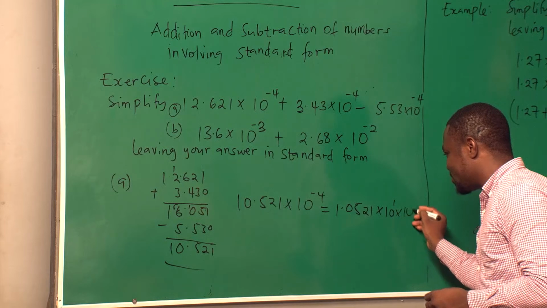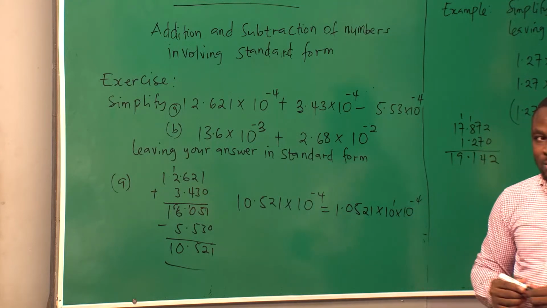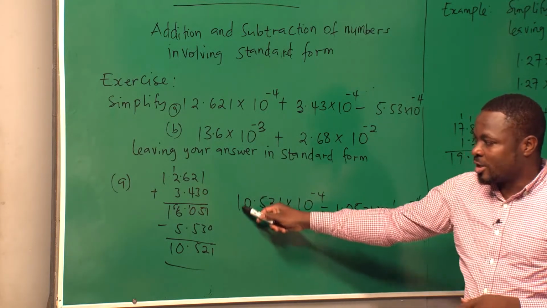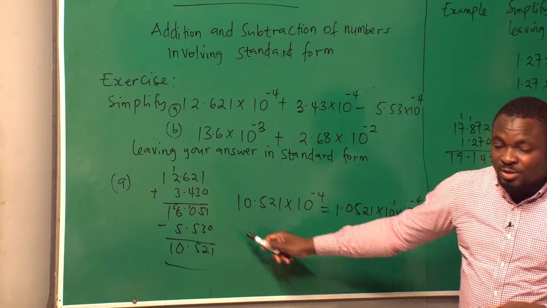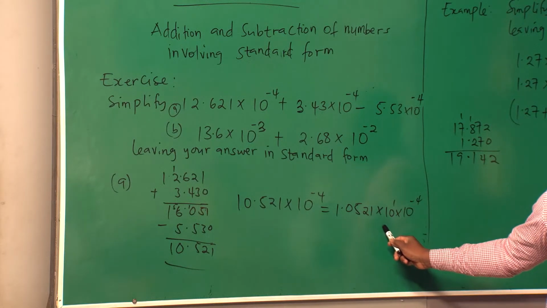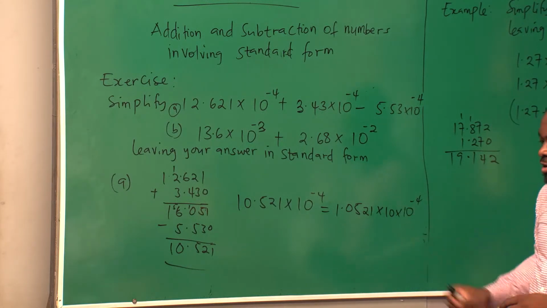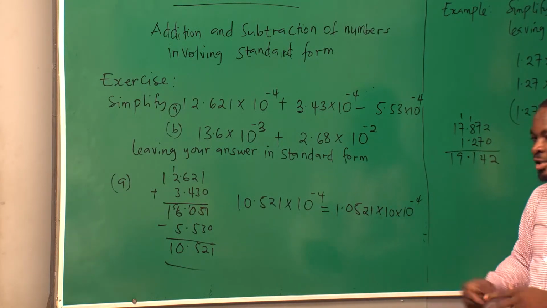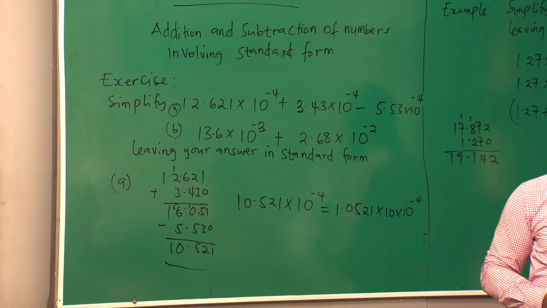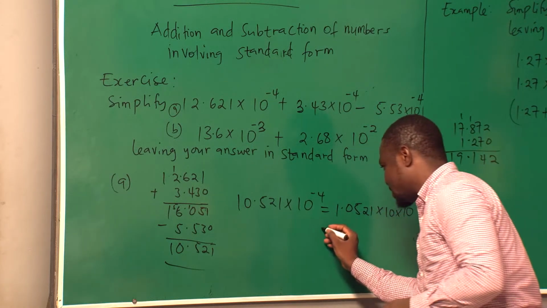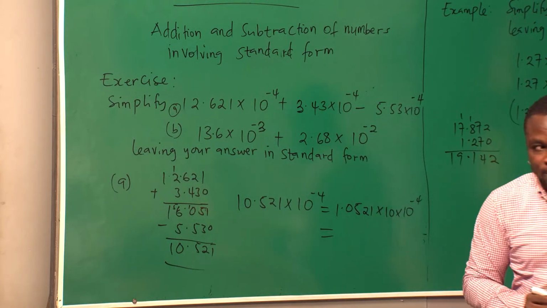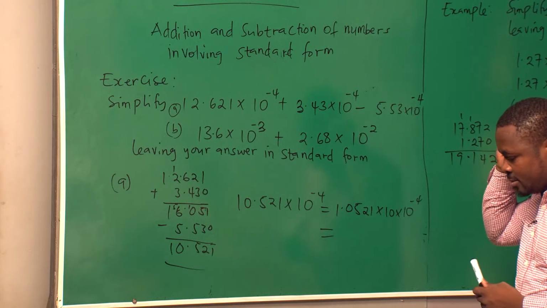Then times 10 exponent what? Negative 4. Remember, you have moved this point to the left. Are you okay? That is why you need to bring the 10 exponent 1. Anyway, you don't need to write the 10 exponent 1 before the 10 exponent negative 4. I hope that's okay. So what's the answer, Hikmah?